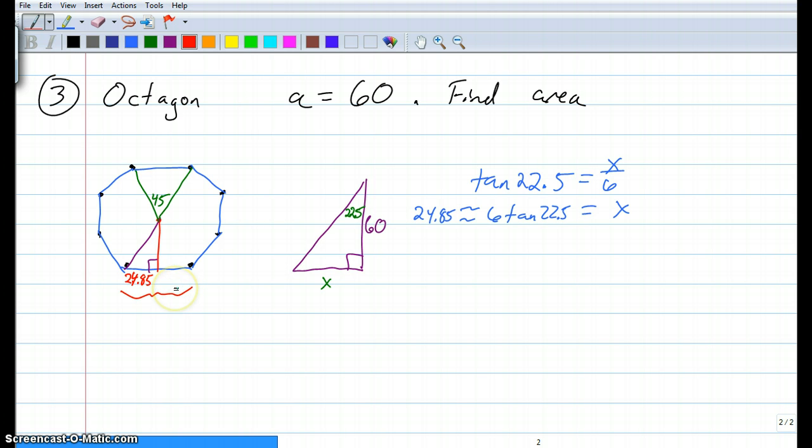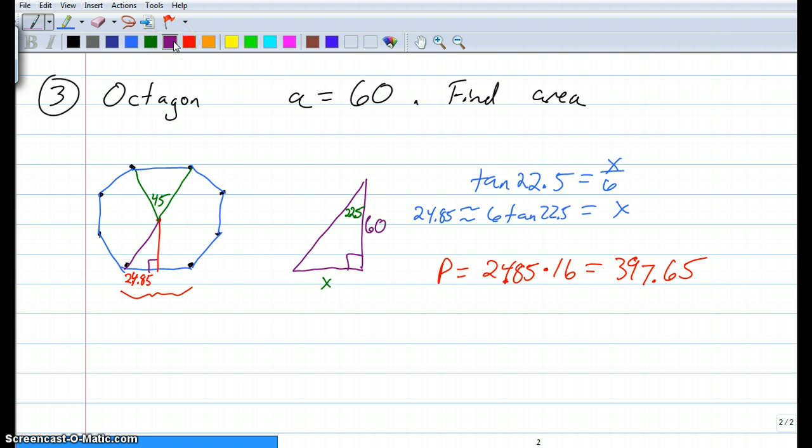Or the perimeter would be 24.85 times how many of these little half pieces will we have? We'd have 16 of them. So 24.85 times 16 would be approximately 397.65.